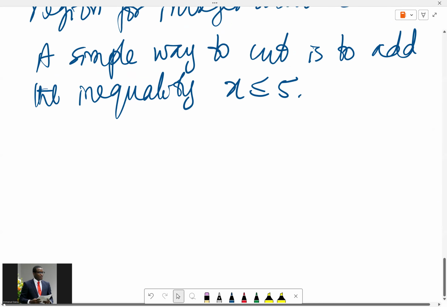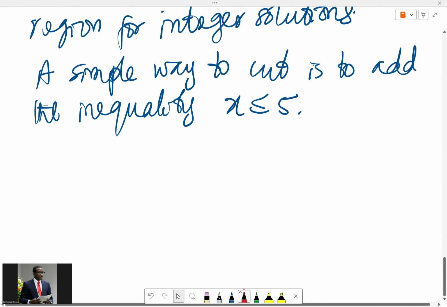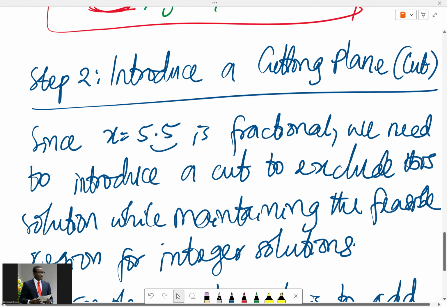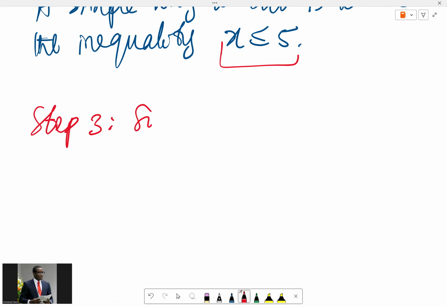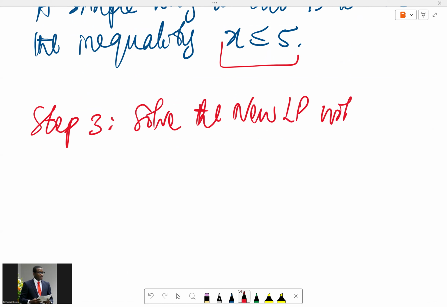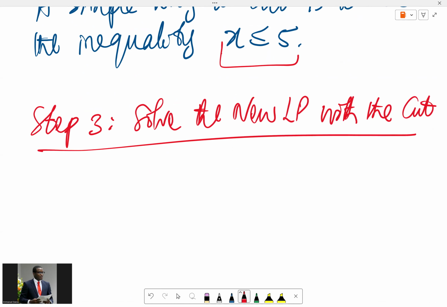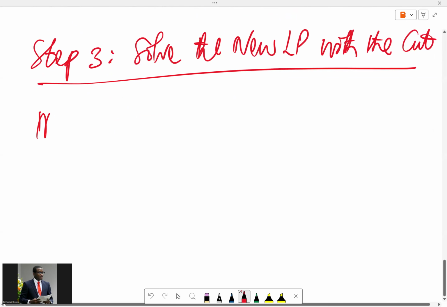So this is the cut we are going to add now, right? And it takes us to step 3, because we know the cut to add. Step 3 now: we solve the new LP with the cut. What that means is we have a new problem, not totally new.